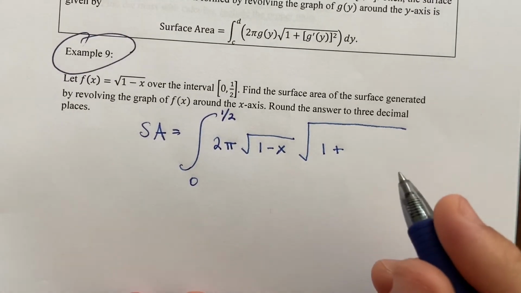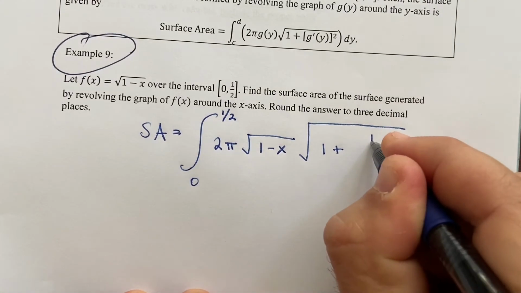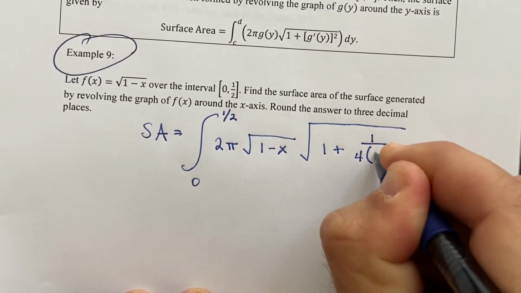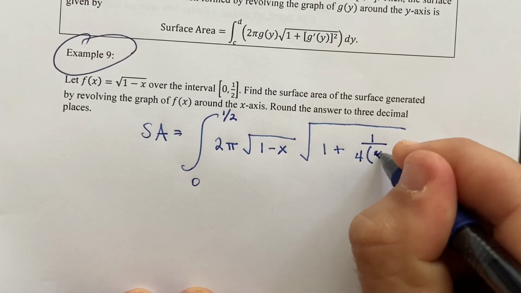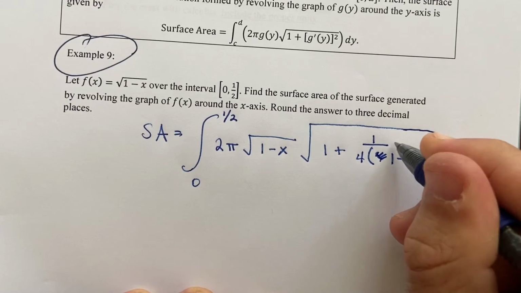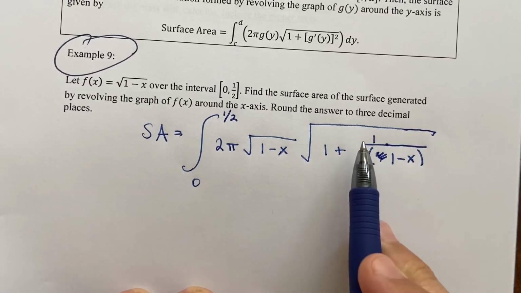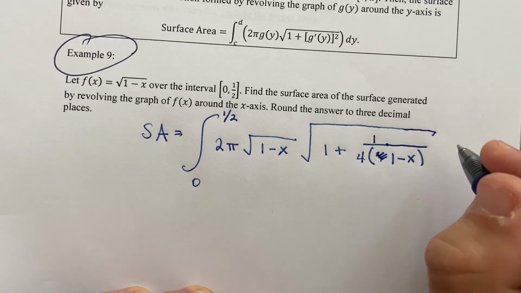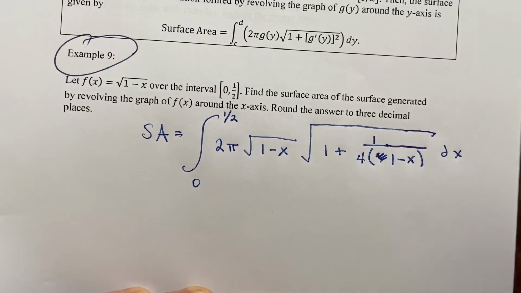So I'm going to write 1 over 4 times, oops, this should be a 1 minus x. So that's 1 over 4 times 1 minus x, and then dx over here.